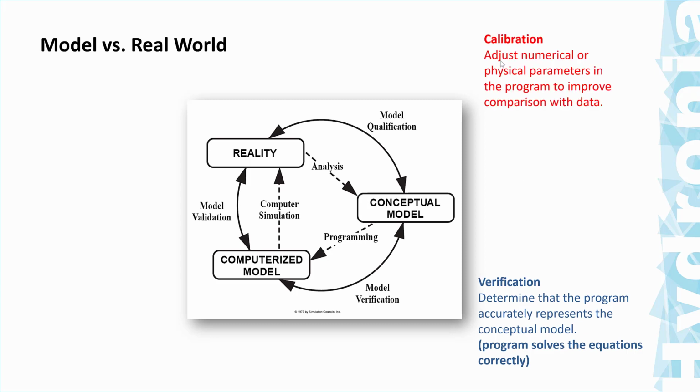Calibration is the first step that you would do when you apply the model to a specific project. In this process, you adjust the numerical or physical parameters, such as the Manning-n roughness coefficient, so that the program, the Hydro-Flood model in this case, improves the comparison with the data that you have. This data can be watermarks of a previous inundation.